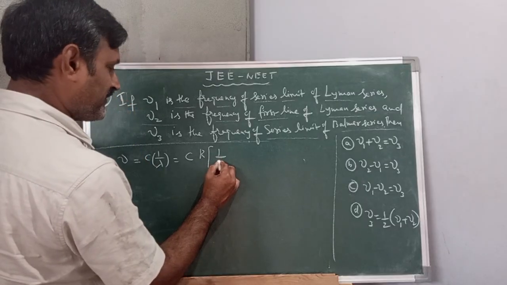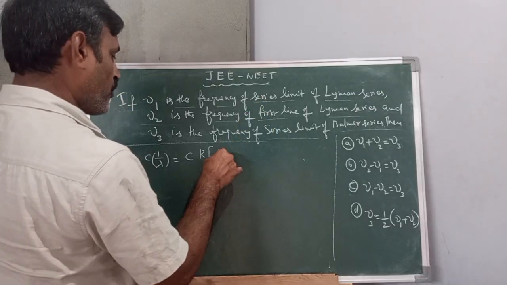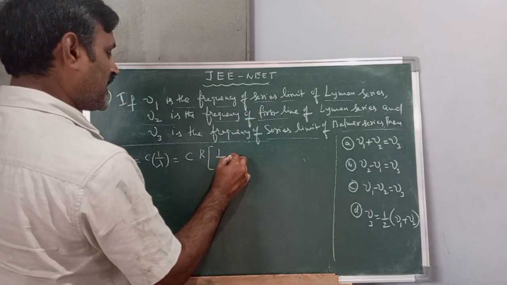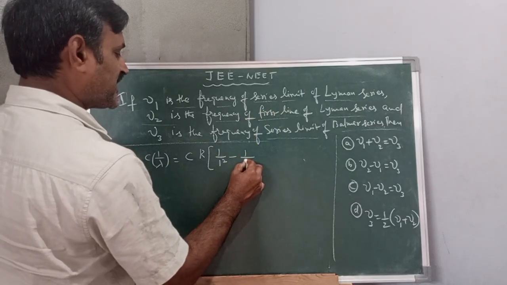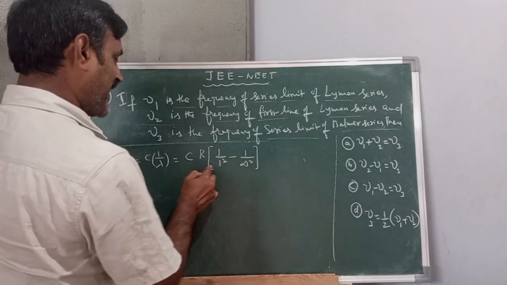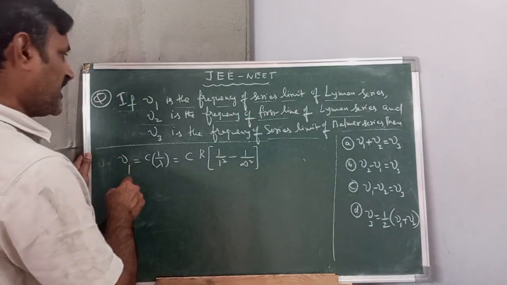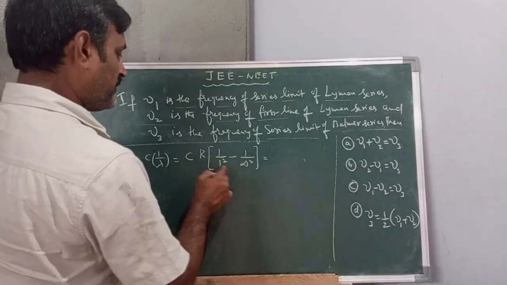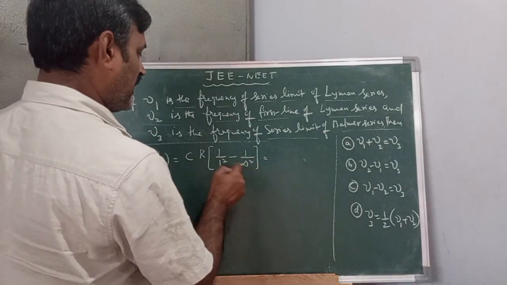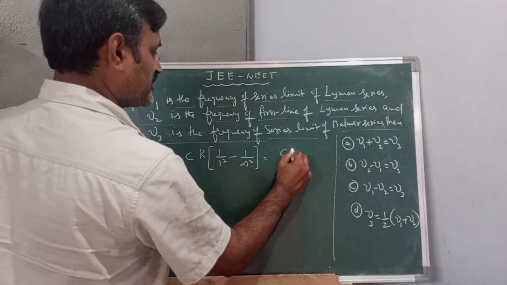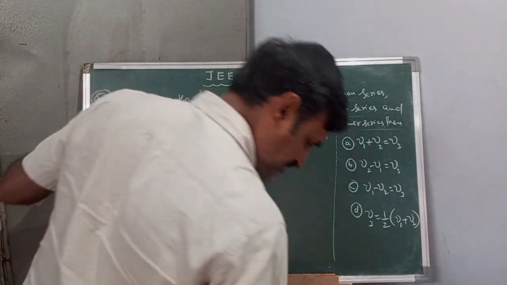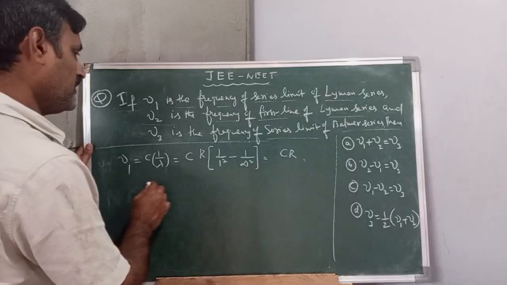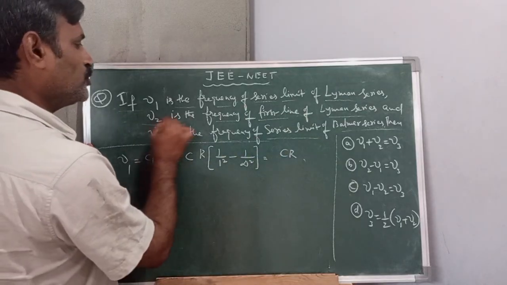For the Lyman series n1 is 1 square, and series limit means n2 is infinite. So this expression becomes the frequency of series limit of Lyman series, which is CR only. Let it be. Next, we will find nu2.